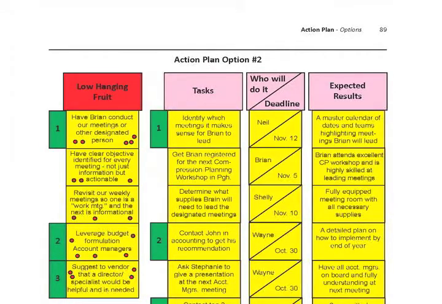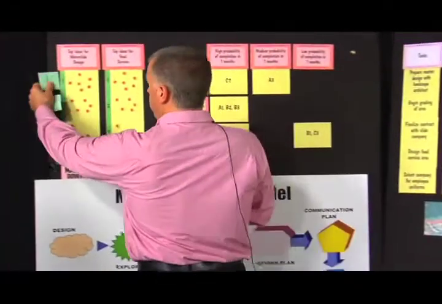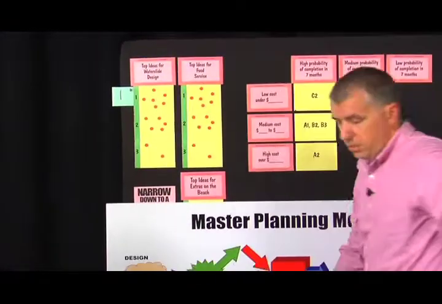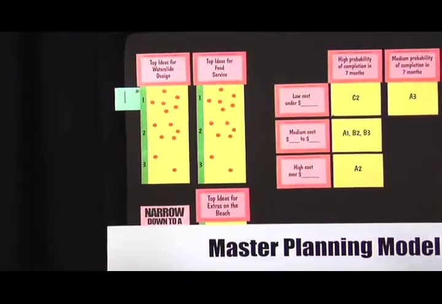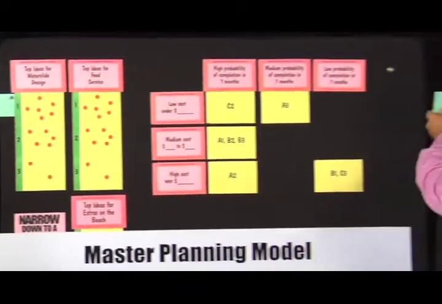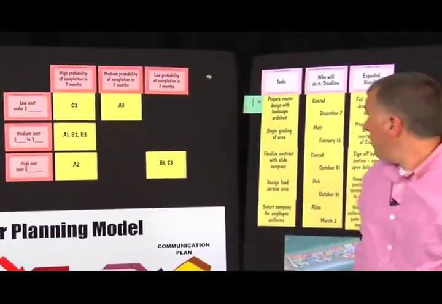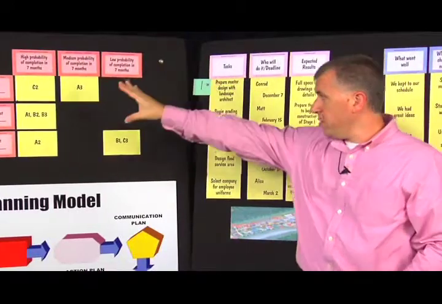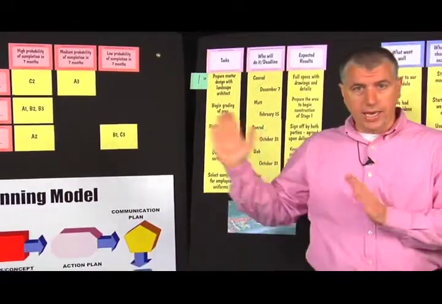Action plan option 2 is if you have the implementation team sitting around the table and you want to develop more. This would be more micro than it would be macro. What you can do is you can code each of the ideas. And we're going to say that this is number 1. You could come back to your tasks, put it up here, and anything that falls down there would be tasks that correspond to that idea right there.